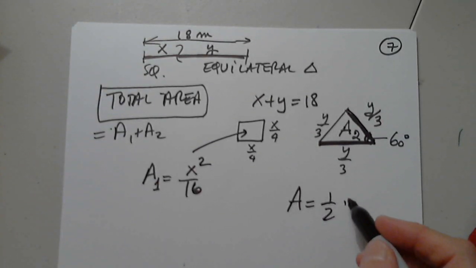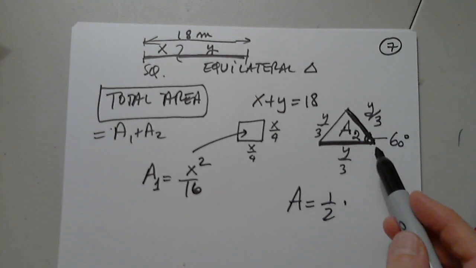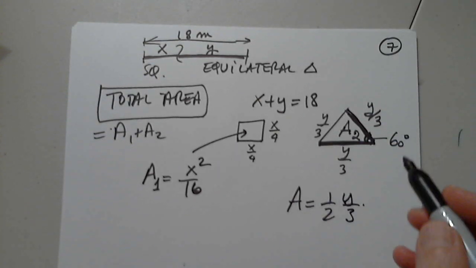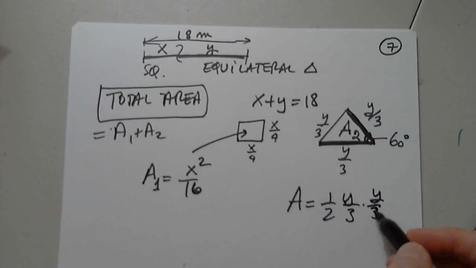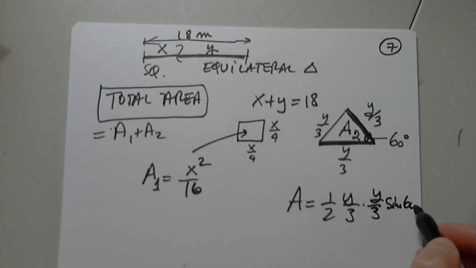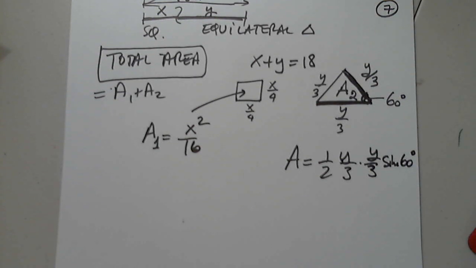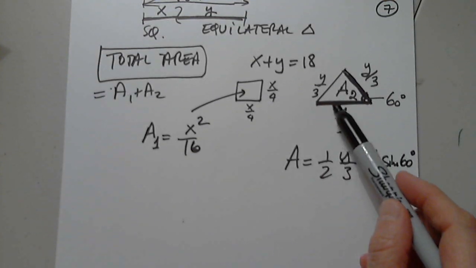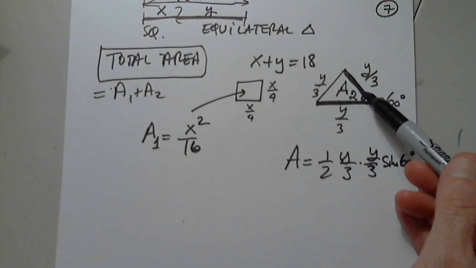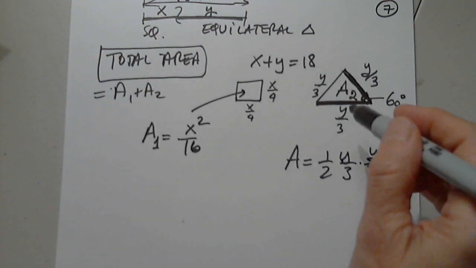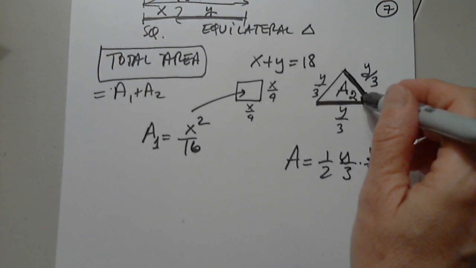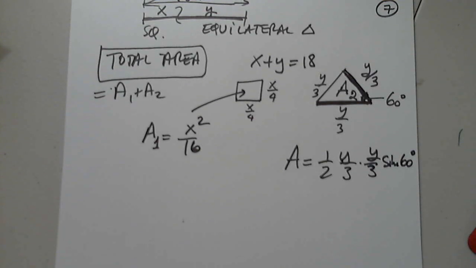1/2 times y over 3 times y over 3 times sine 60 degrees, the sine of the angle in between. So 1/2, the measure of one side, times the measure of the other side, times the sine of the angle in between the two sides.